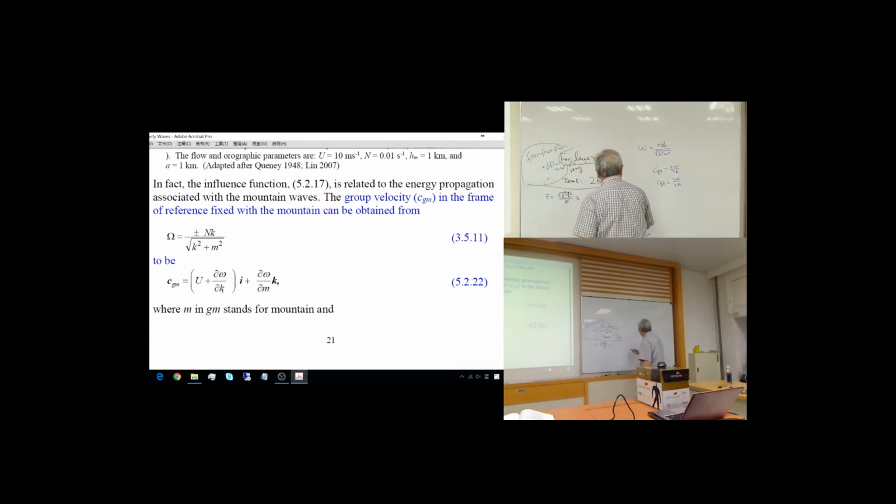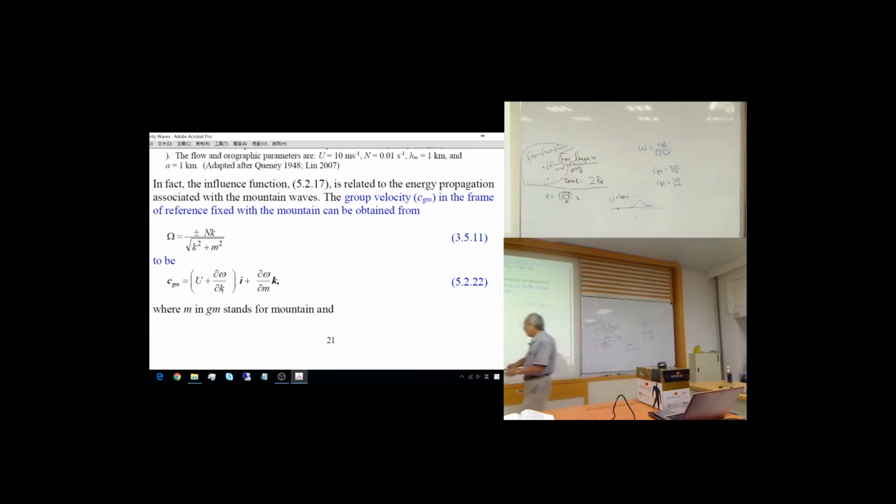So say you have a group velocity Cgx, and you are riding with the wave, then you don't have U. Now if you are fixed with the mountain, then you just add U to it. That's all. So don't be scared by that.